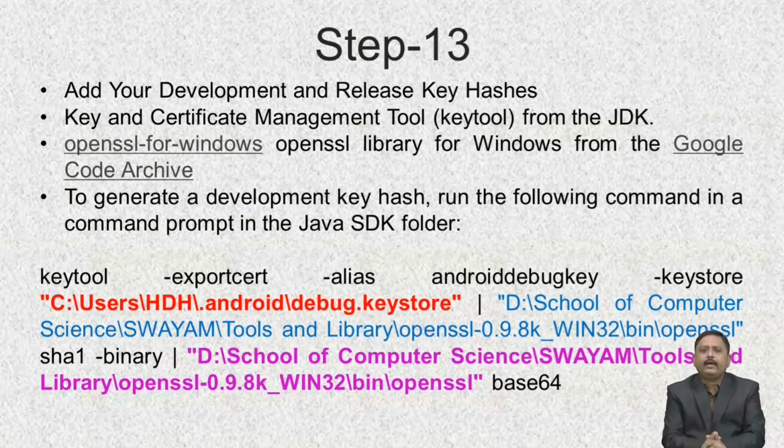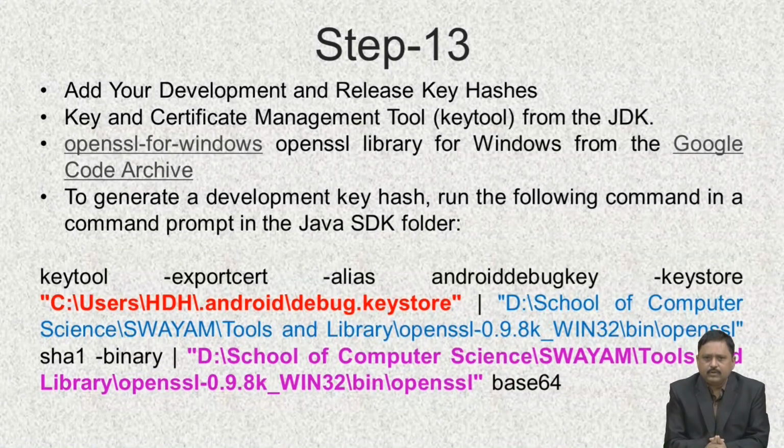Another thing you require is the OpenSSL for Windows library. The link for the same is given on that page. You can download it from there, store it on your computer, and you must know the JDK path, right?